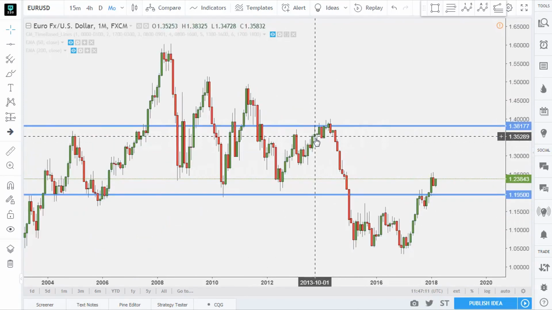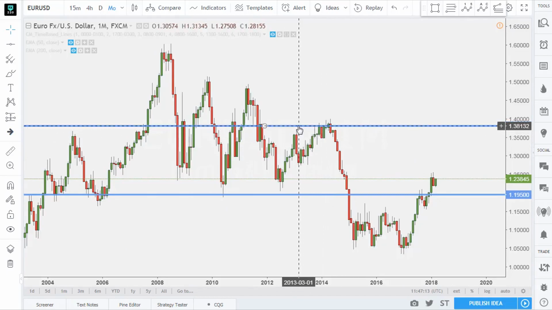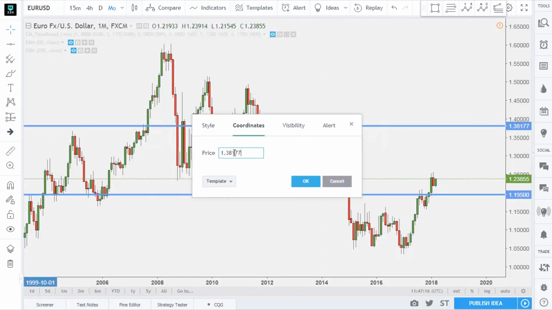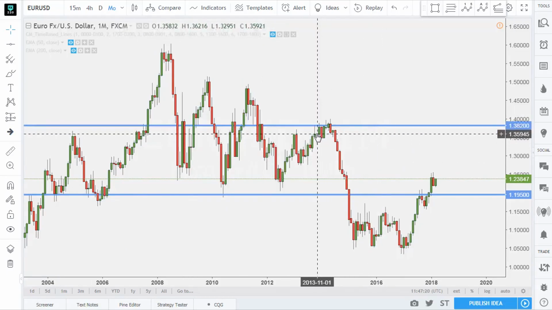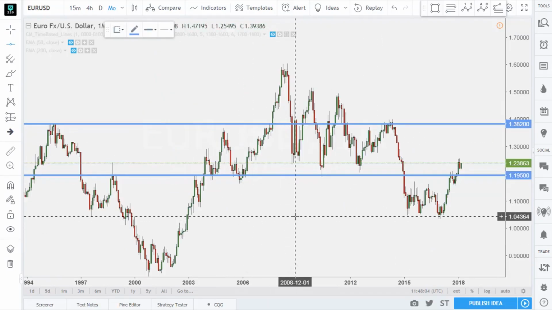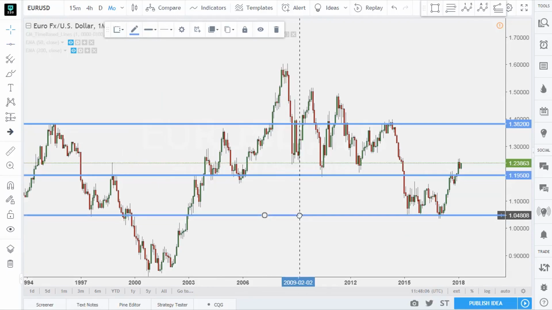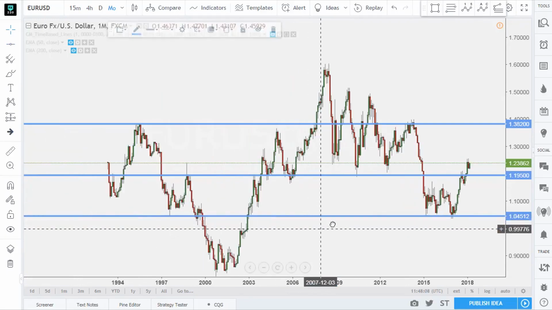As you can see here, we're having some resistance. We go and make that 38,200, so it would be much more accurate. We can put another one here on this level.